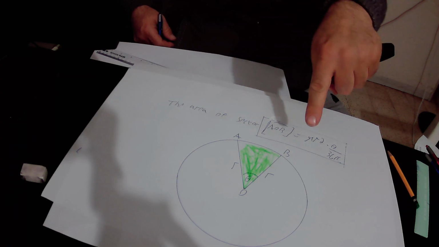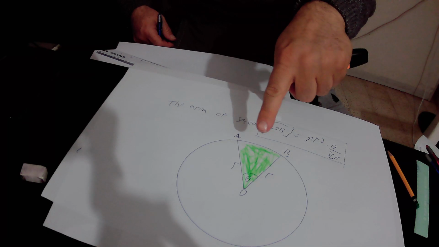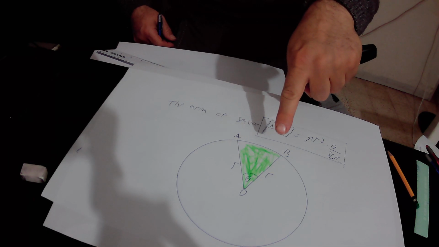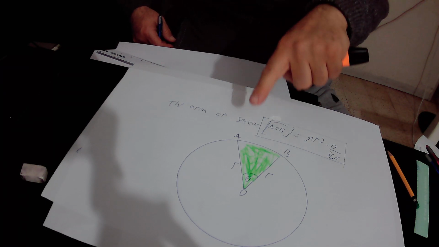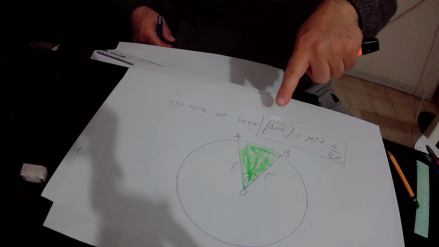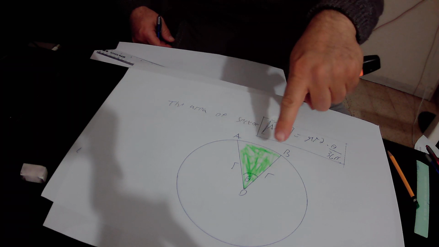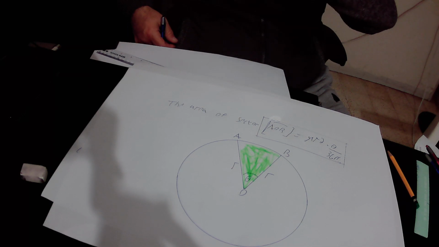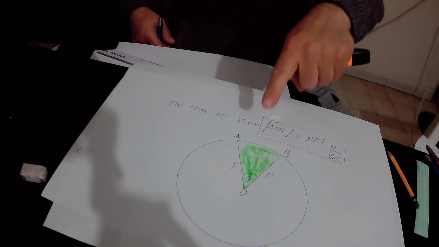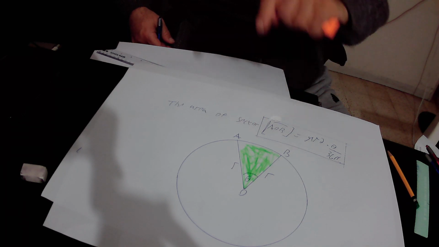If the circle is a cake, then a slice of a cake is a sector. The two legs of this sector AOB are AO and OB. They are both equal to R, the radius of the circle. So what is the area of this sector AOB in the green color?